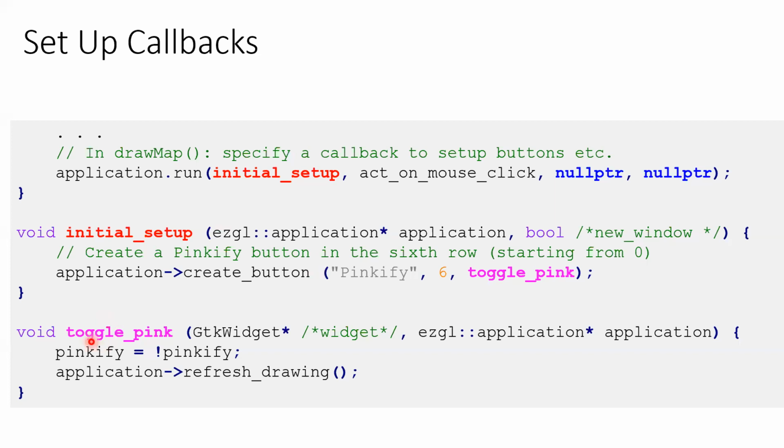In this function, we are toggling the Pinkify global variable. We have the Pinkify global variable as a Boolean, so we're toggling it from false to true to false. Then we want it to show up immediately, so we force redraw.